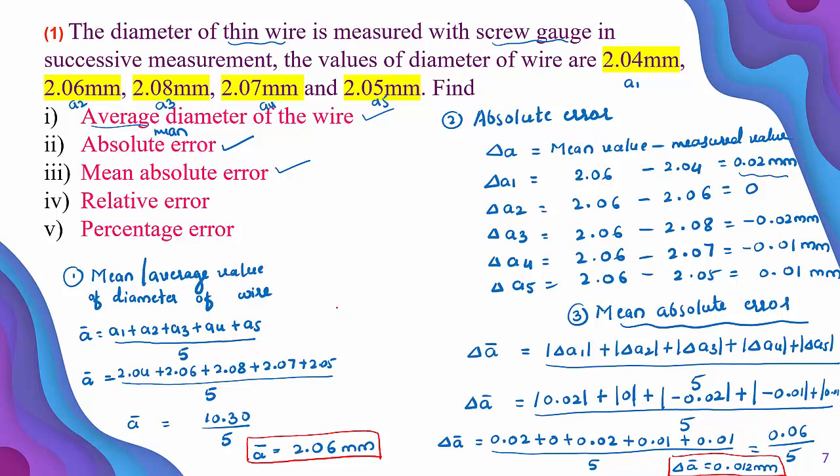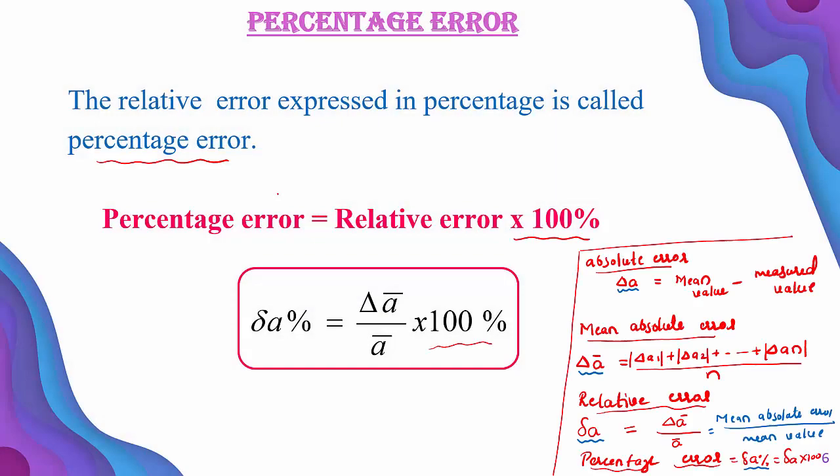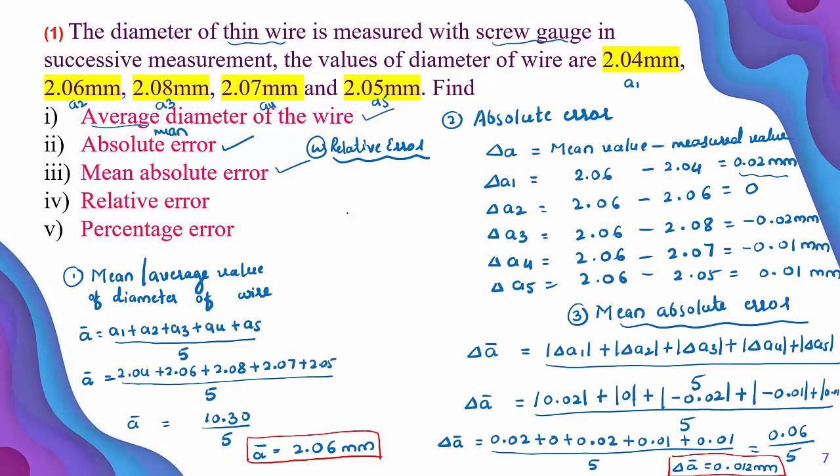Then come to the fourth point, relative error. How to find relative error? So I can solve the fourth one here. Fourth one is relative error. Yes, what is the equation for relative error? You can observe here, relative error delta A is equal to mean absolute error divided by mean value, that is, delta A bar divided by A bar.